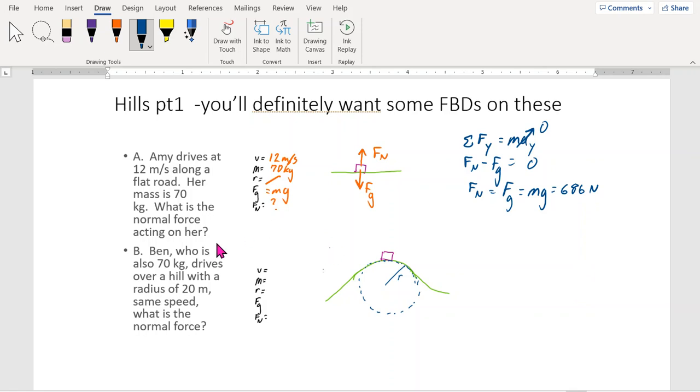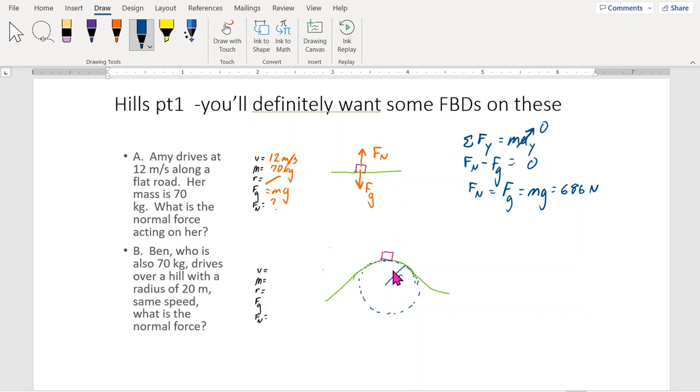All right, part B. Ben, who is also 70 kilograms, drives over a hill with a radius of 20 meters. So this is what we're looking at. This is a hill, and what we're talking about is that the hill is a 20-meter radius. Remember, it doesn't have to be a perfect circle for us to be demonstrating circular motion.